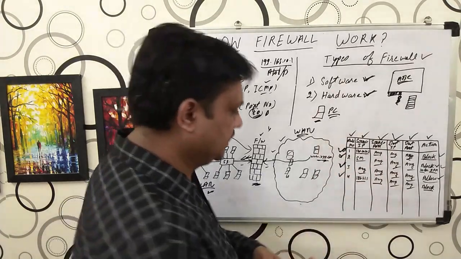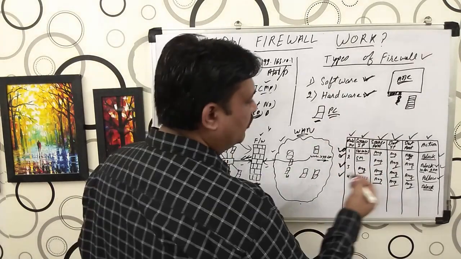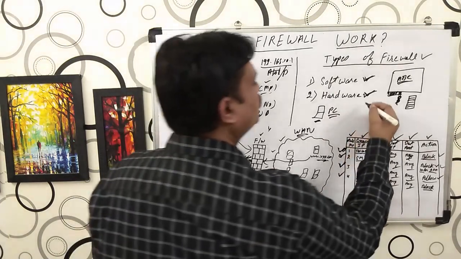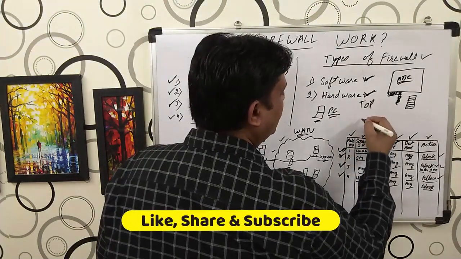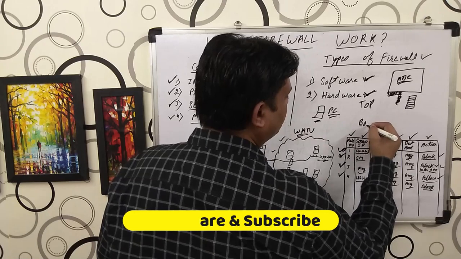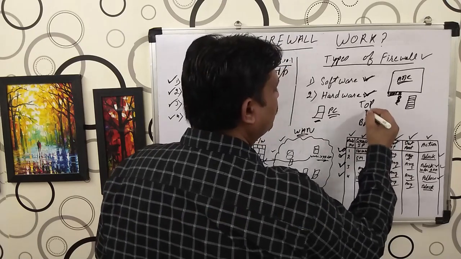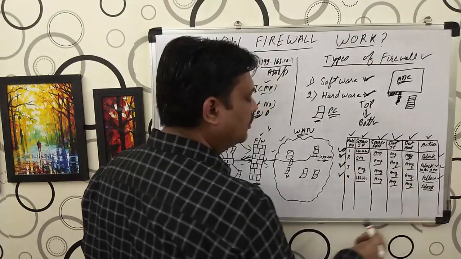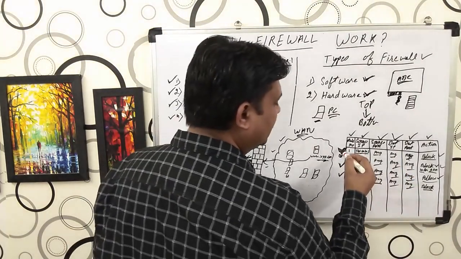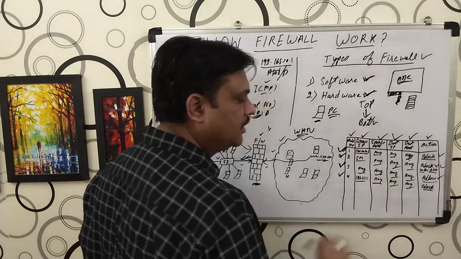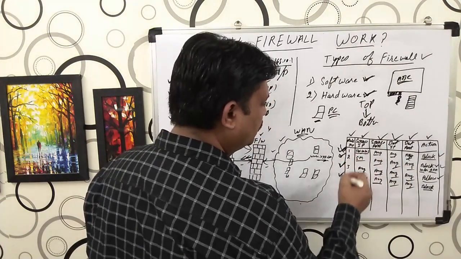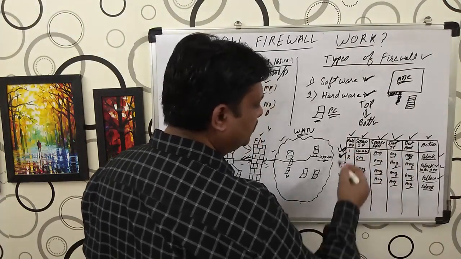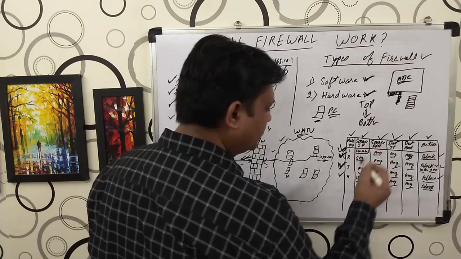But the reality is, the firewall works from top to bottom. So if any traffic reaches the firewall, it will check the first condition: matching or not? No, check further. Matching? No, check further.